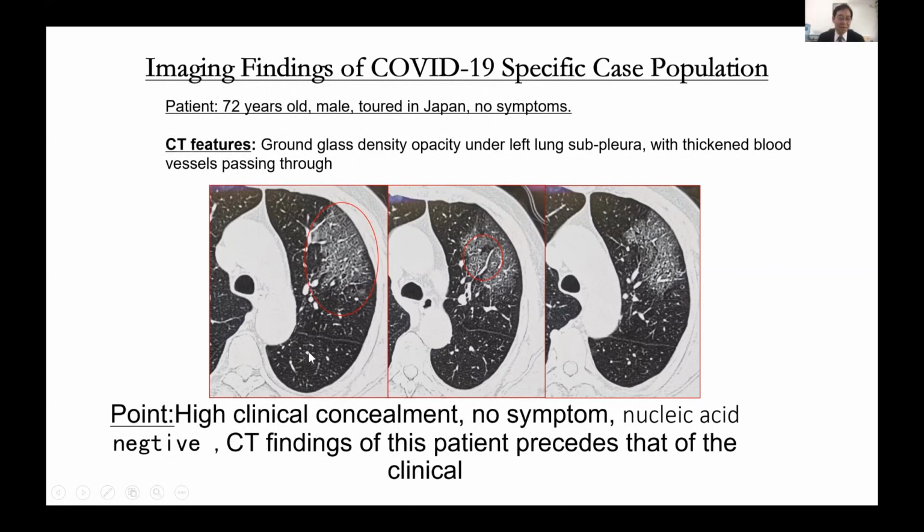The main point is clinical concealment: no symptoms, nucleic acid negative, but the CT finding of this patient proves the clinical. This is the blood vessels passing through.